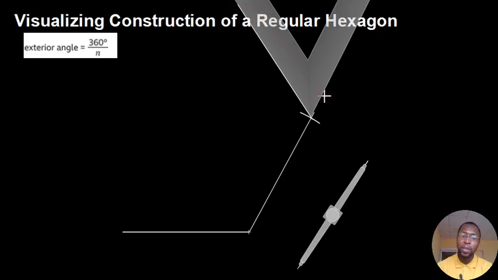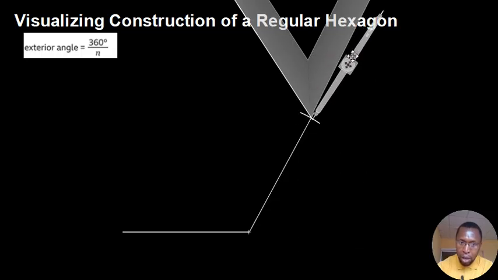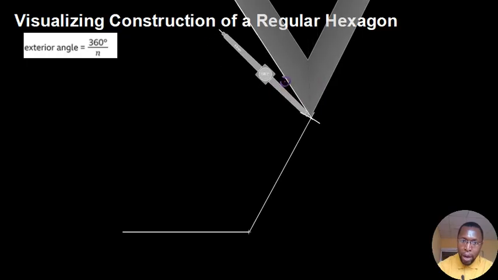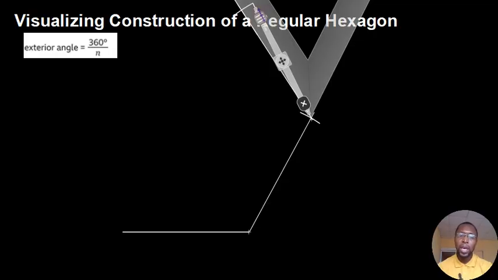Okay, so that's another 60 degree I have made. Then I pick up my compass. Take it to this tip here, and I will rotate my compass to mark another equal length like I did for the first one on that line. So I've marked it again.